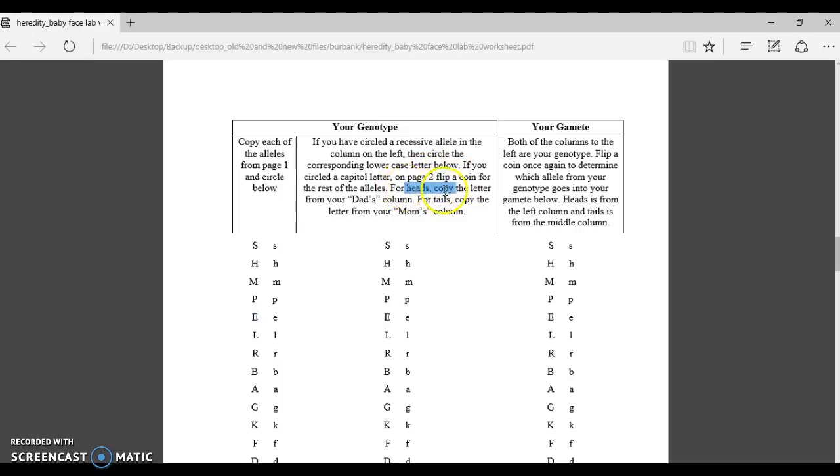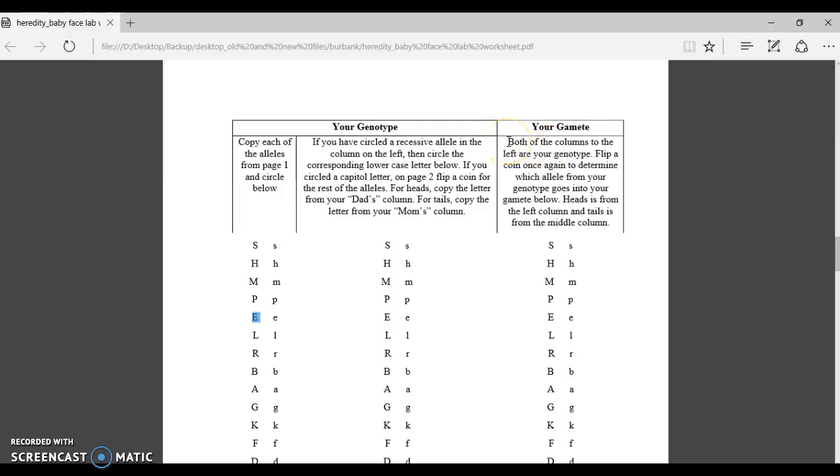If it's heads, you copy the letter from your dad's column, and if it's tails, you copy the letter from your mom's column. So for the E here, you'd say, okay, it was dominant, so I need to flip a coin and choose dominant E or recessive E for the parents. If it's heads, you go with your dad's column, and if it's tails, you go with the mom's column. Okay? Simple enough.